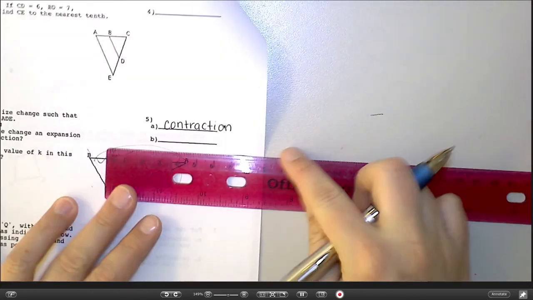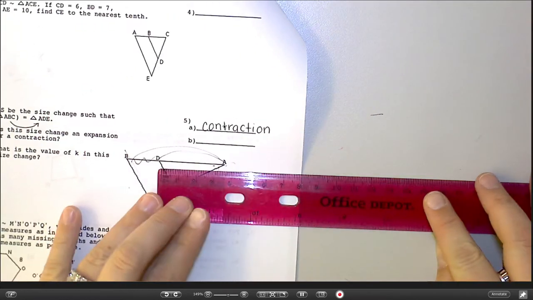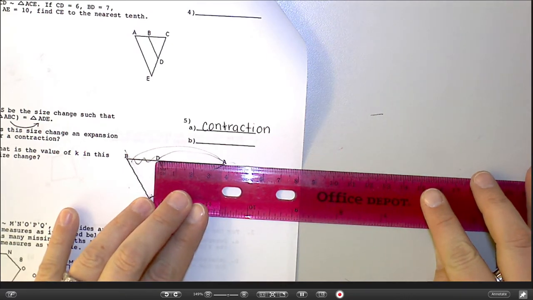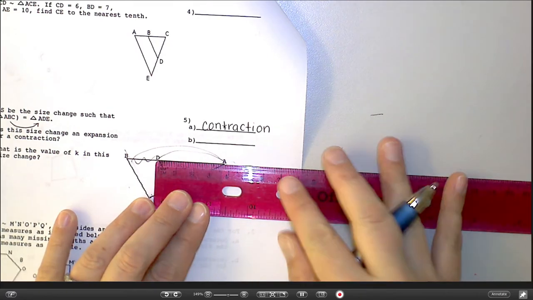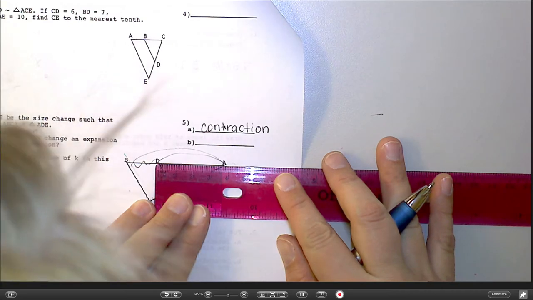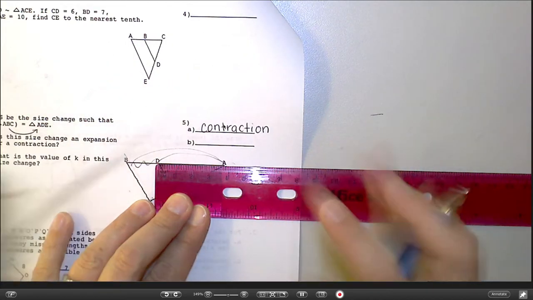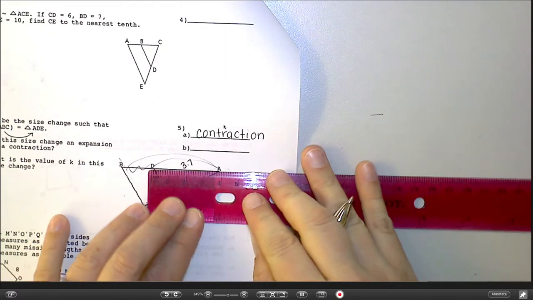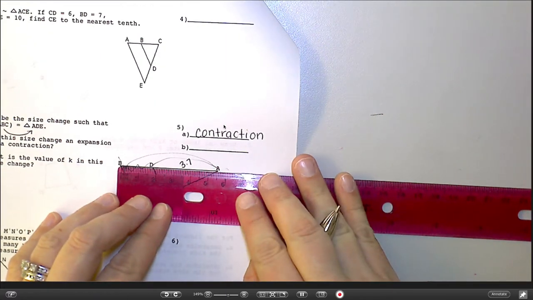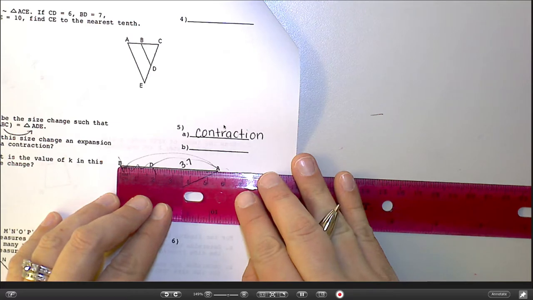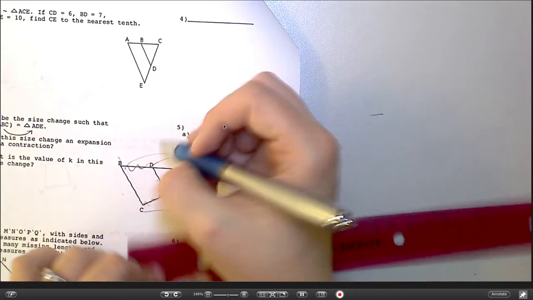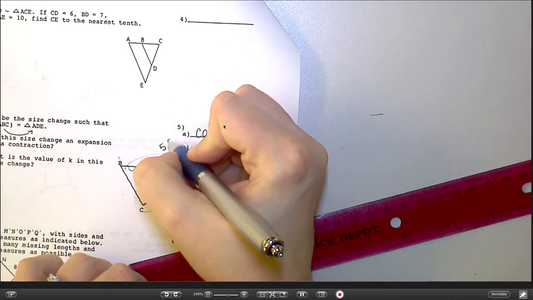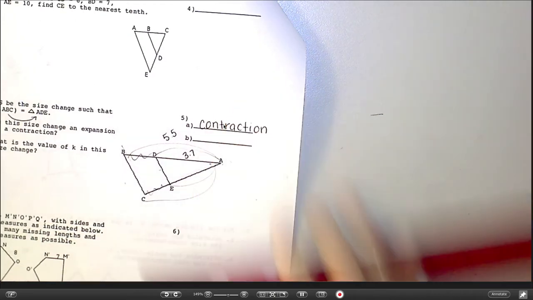So if I measure AD, I get like, oh, old lady eyes, like 3.7. Do you agree with me? Someone else who's measured that maybe? And AB, I get like 5.5. And I want to do new divided by old.